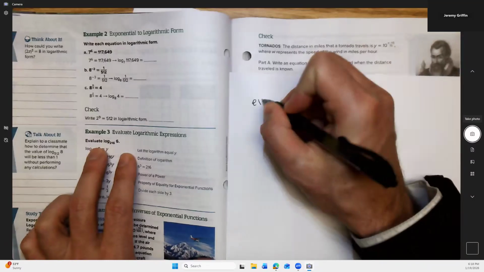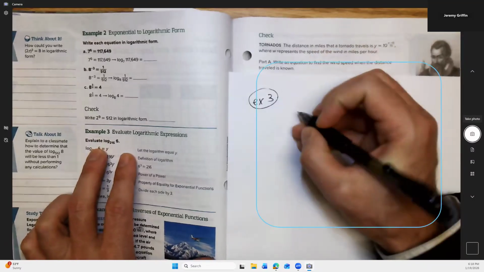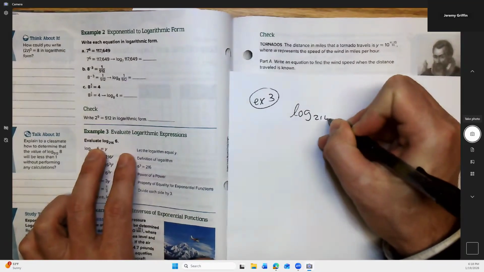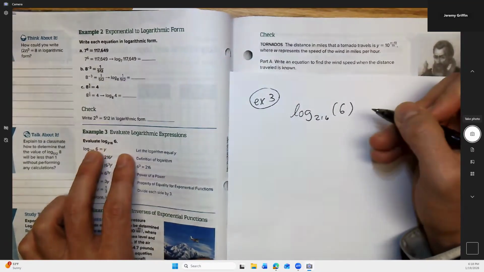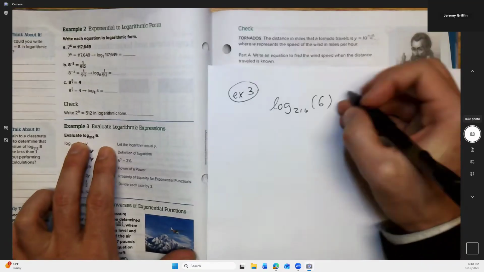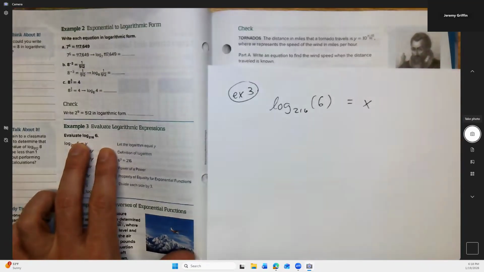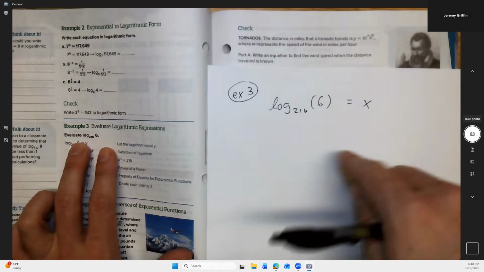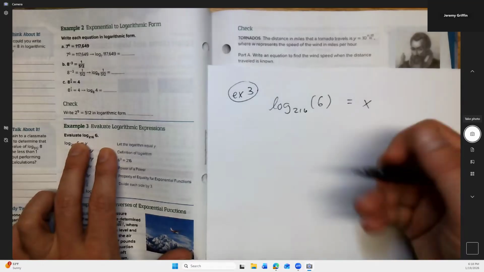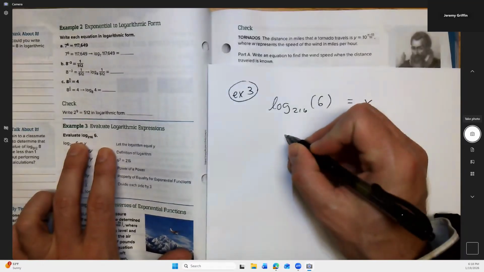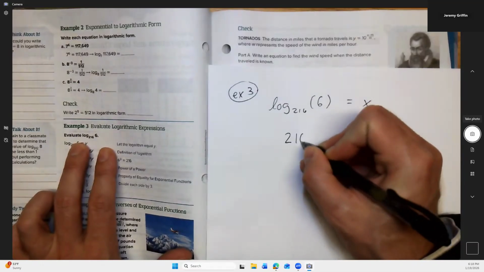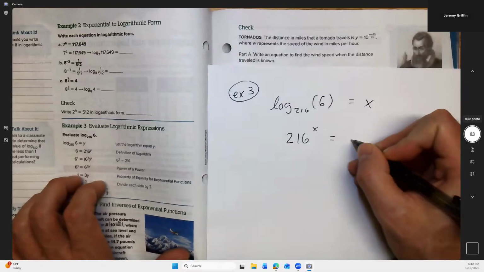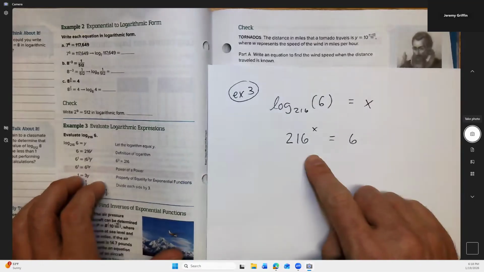Evaluate logarithmic expressions. Log base 216 of 6. What could that possibly be? Well, I'll call it x. Let's say we're solving for x. I do know I can use this rolling the log trick and turn this into an exponent. 216 to the power of x is equal to 6.